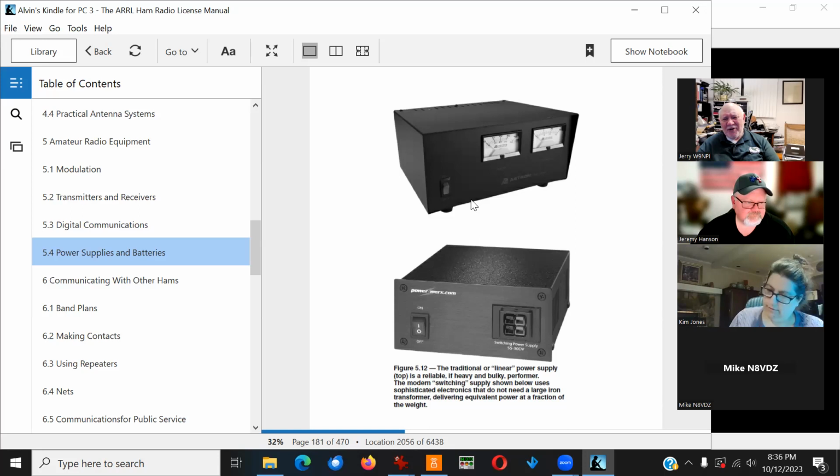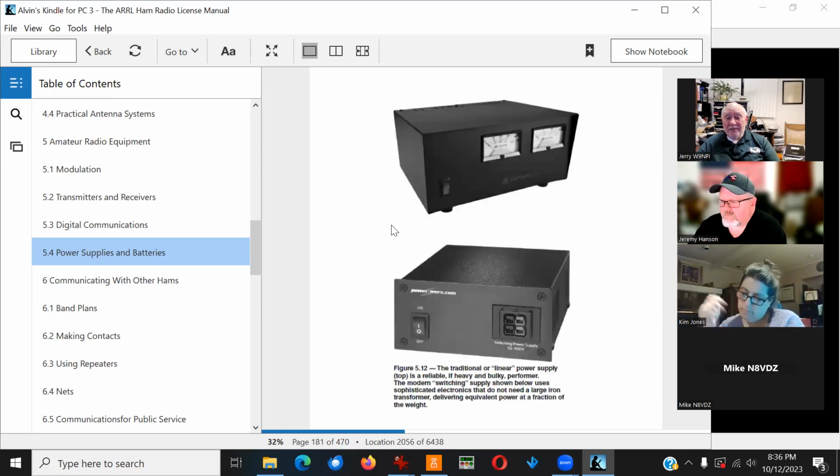There are two different kinds of basic power supplies to use in the house, because you can hook most of these radios directly into your automobile system. One is what I'll call a linear power supply, and that's the classic.